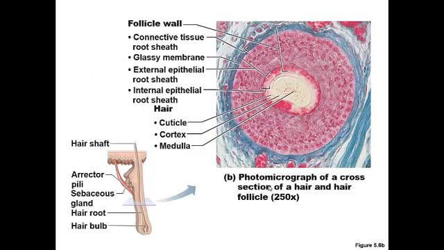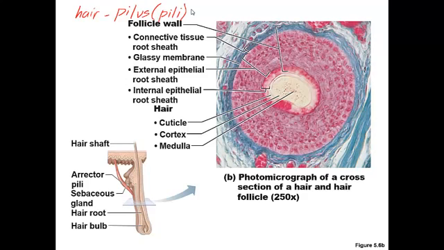Now, the chief regions of the structure of the hair. The scientific term for hair is pilus, singular, and pili for plural, and it's the flexible strand produced by the hair follicle. Again, it's dead keratinized cells, which is what makes the hair very tough and durable, and the individual cells do not flake off.